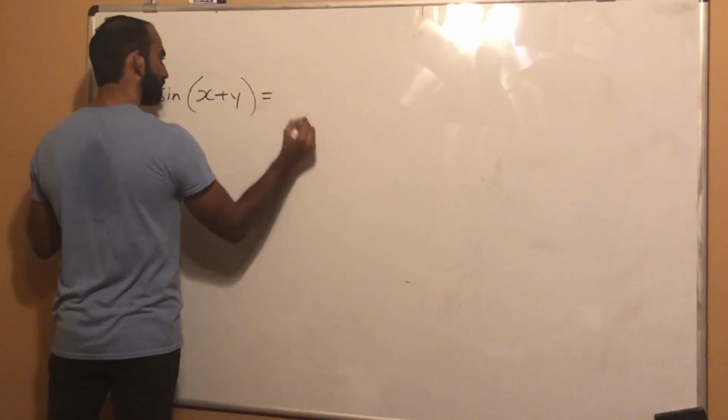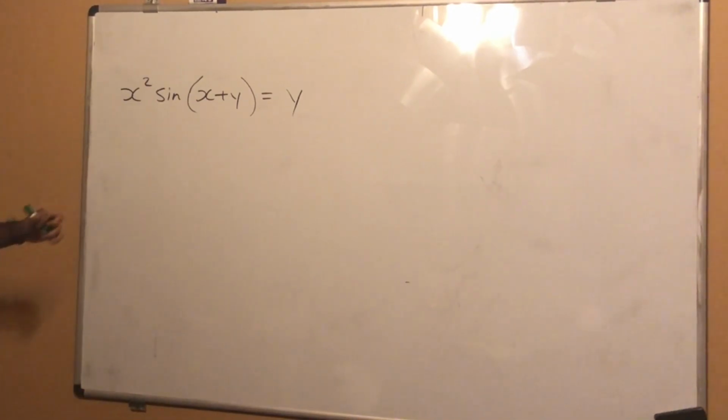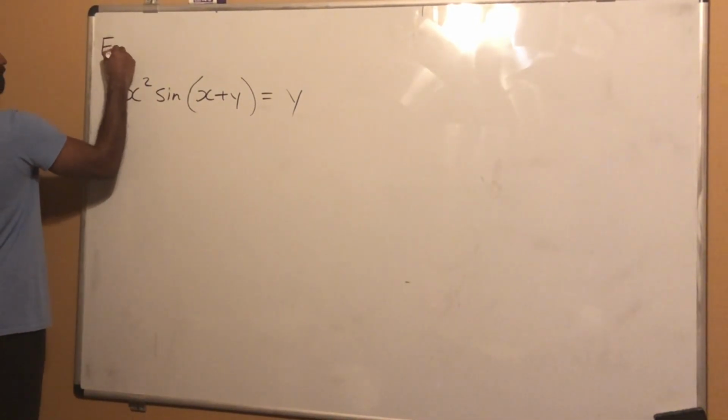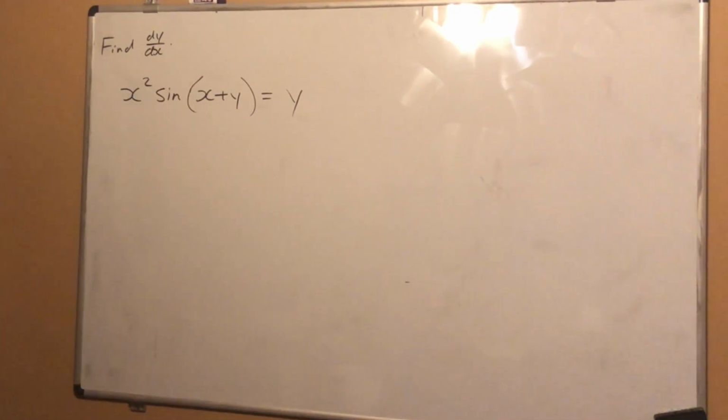Suppose we choose the set of points in the coordinate plane x and y where this always equals y. I ask you to find the first derivative, dy over dx. So this one, I'm going to do in differential operator form, just so you can see the reasoning behind it.